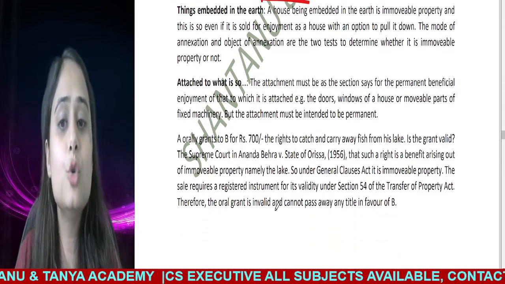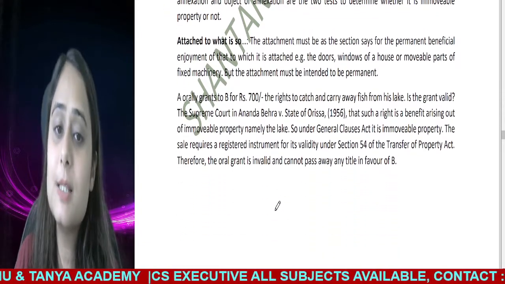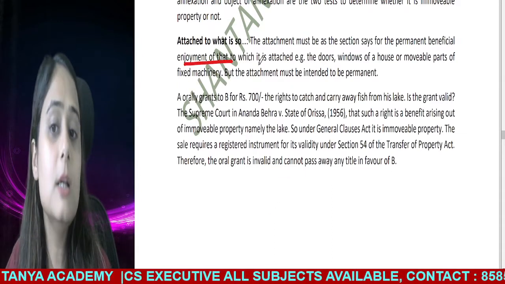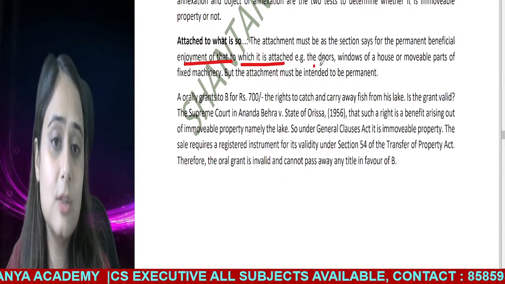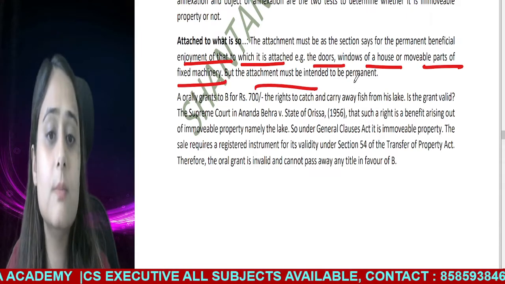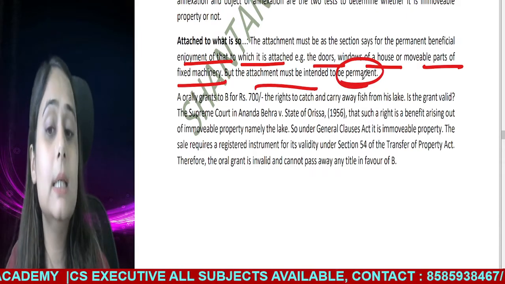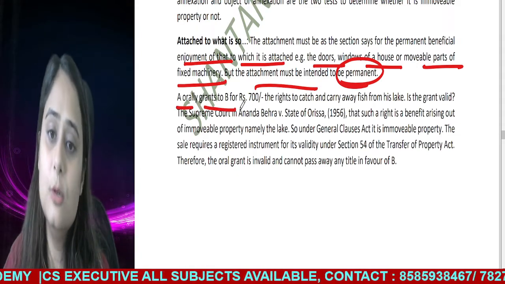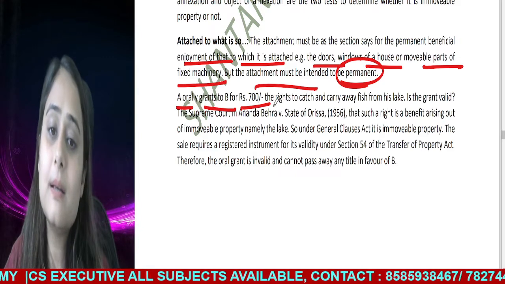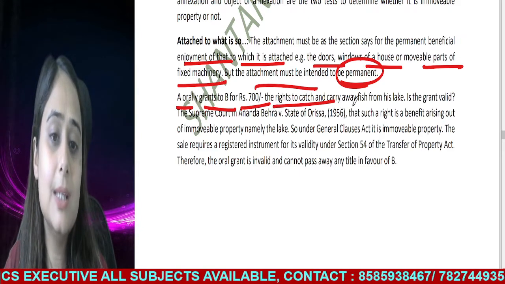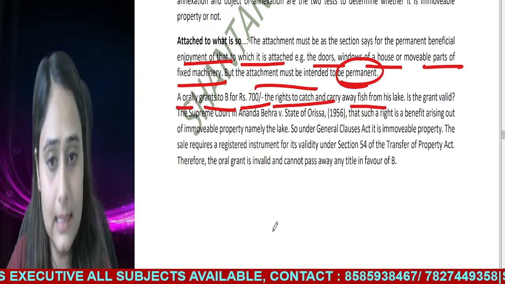Now, attached to what is so: the attachment must be, as the section says, for the permanent beneficial enjoyment of that to which it is attached, that is doors, windows of the house, movable parts of the fixed machinery, but the attachment must be intended to be permanent, right? So A orally grants to B for rupees 700 the right to catch and carry away the fish from his lake, correct?